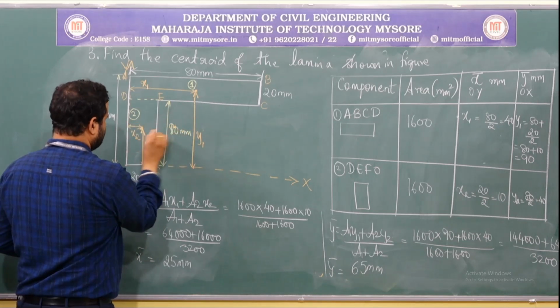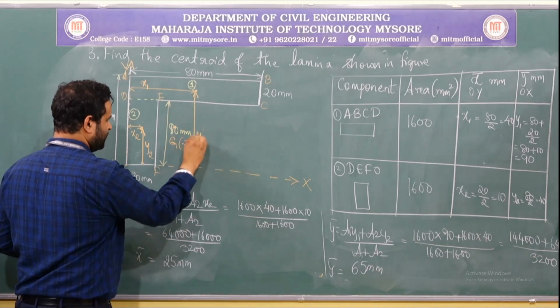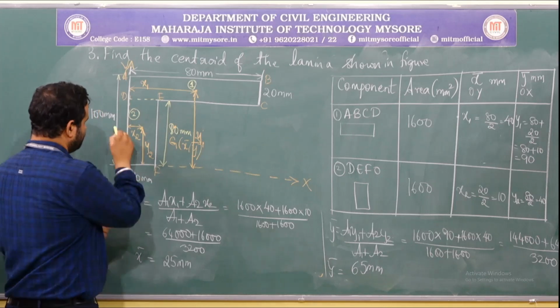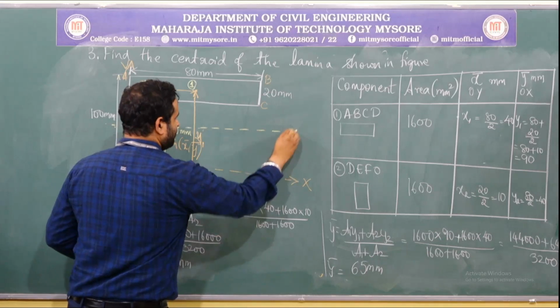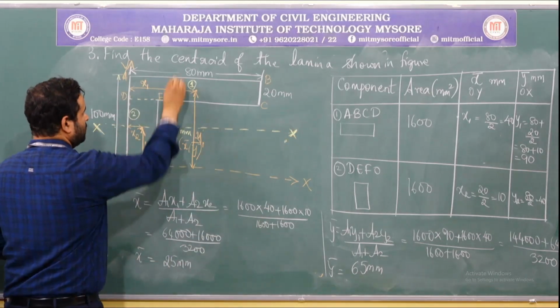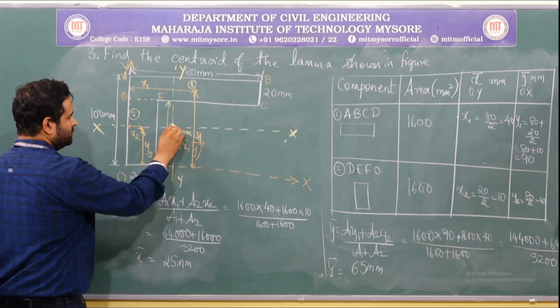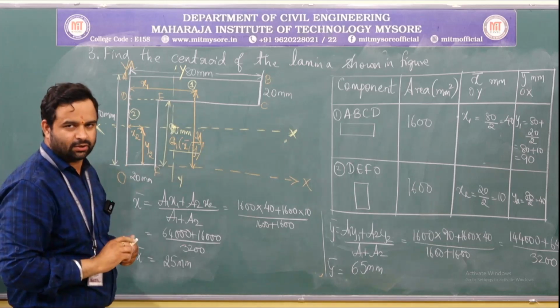So this is our point G of x bar comma y bar. Okay, so now let me write the centroidal axis here. Xx, yy. So this is the point which is the centroid.